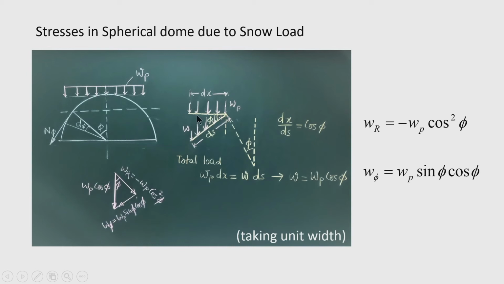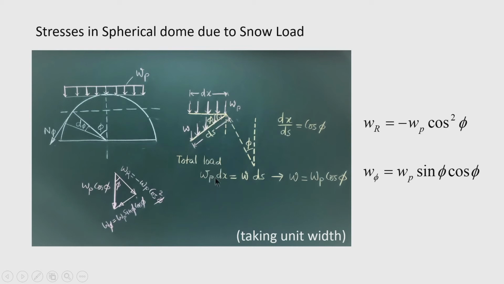Now, here if you see, take a small length of the shell which is of length d s and the horizontal length is d x, and we take the unit width of the shell, then we can say that the total load, that is W p, is the load acting along the horizontal projection.